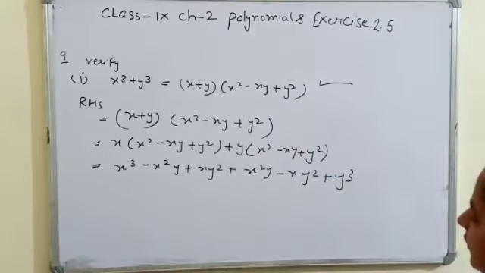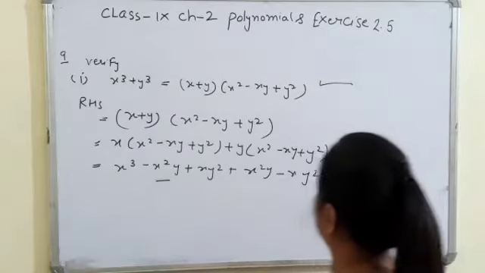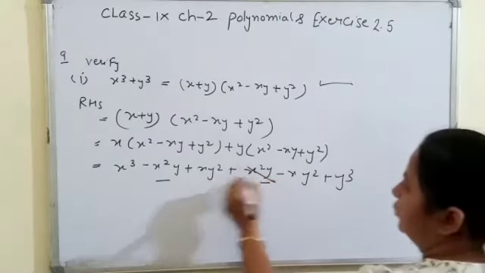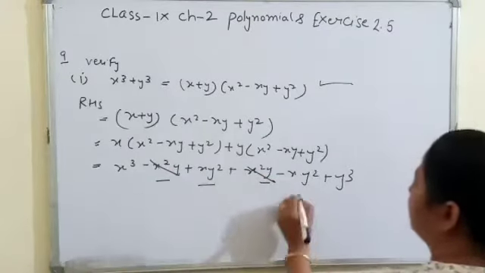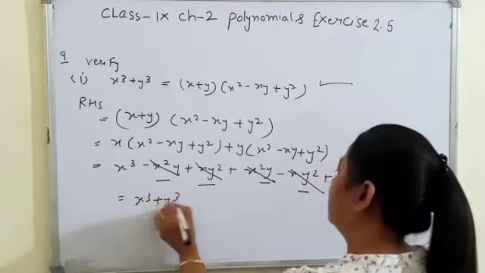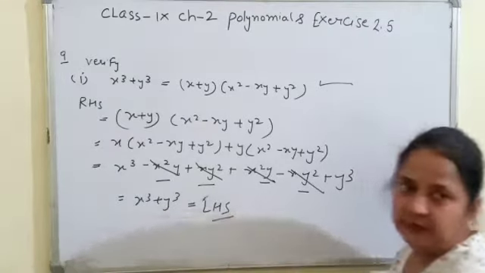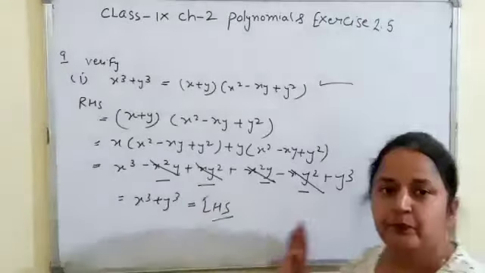Yes. Which terms can we cancel here? Minus x square y plus x square y, plus xy square minus xy square. So this is our required result. That is the result which we want to prove.